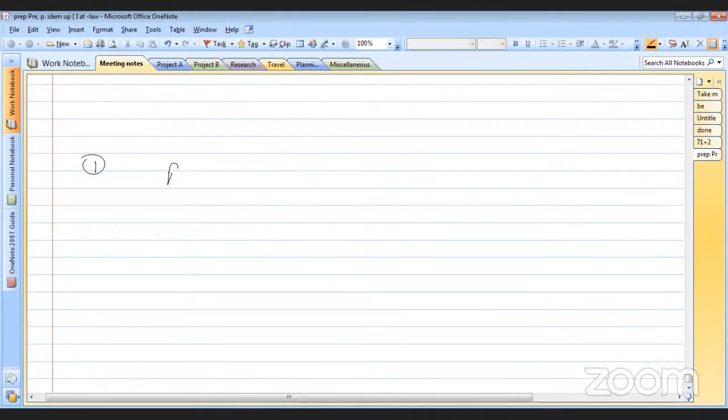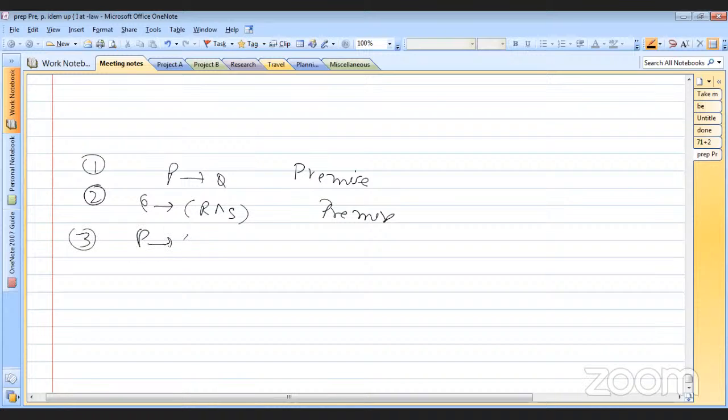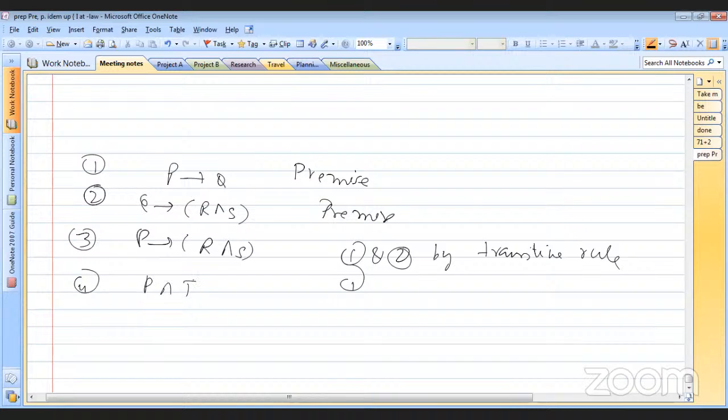First condition, P implies Q, that is a premise. Second, Q implies R and S, this is also a premise. Then third one, P implies R and S, from 1 and 2 by the transitive rule. Fourth, P and T, premise.